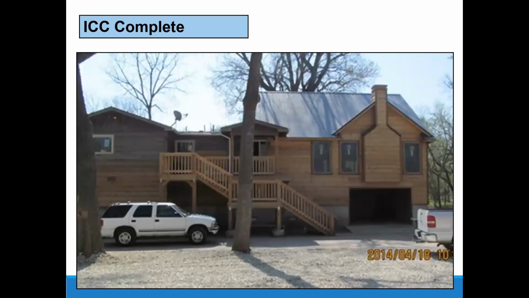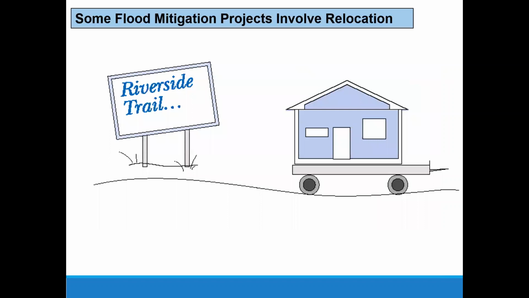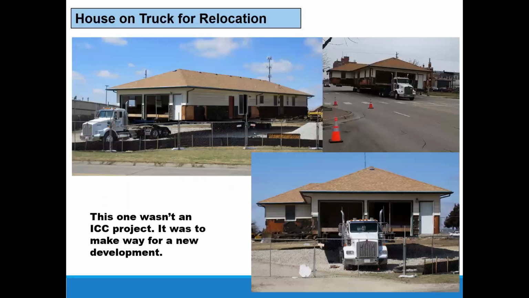And then here's the finished product, which actually looks really nice, and it's much safer, and it looks compliant with all the flood opening requirements for an enclosure. And our living floor is not going to be flooded, most likely, at least not by the base flood. So here is just a little sketch of mitigation as far as relocating a structure.